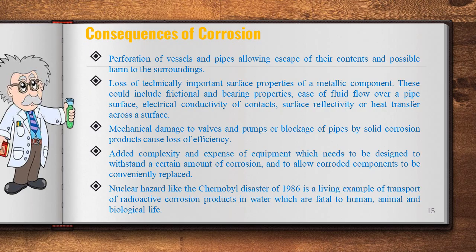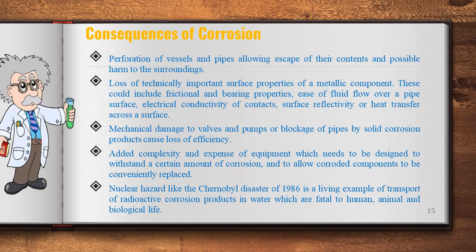These could include frictional and bearing properties, ease of fluid flow over a pipe surface, electrical conductivity of contacts, surface reflectivity or heat transfer across a surface, mechanical damage to valves and pumps, or blockage of pipes by solid corrosion product causing loss of efficiency.